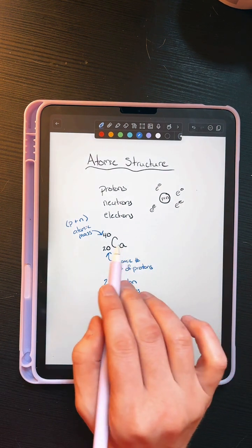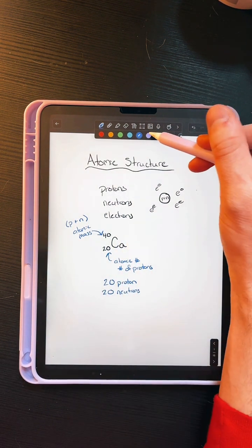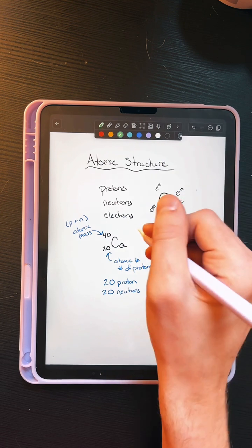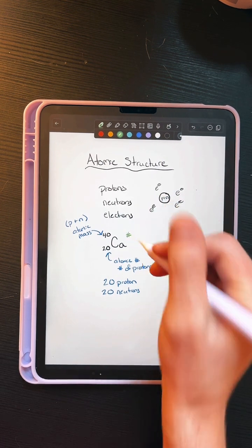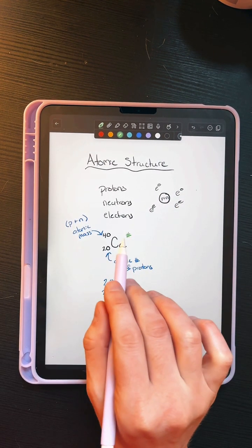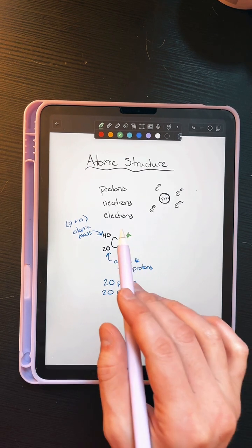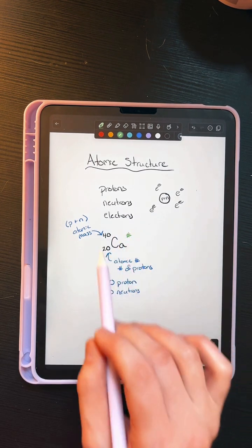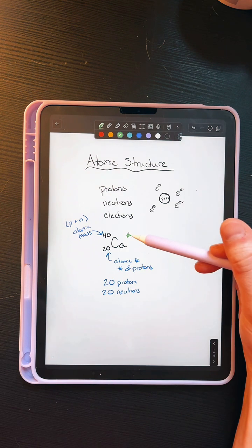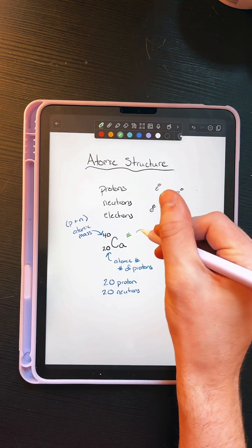Now, there could be another number at the very top of this element symbol, and that number is the charge.